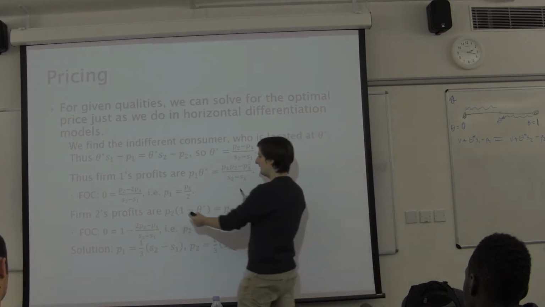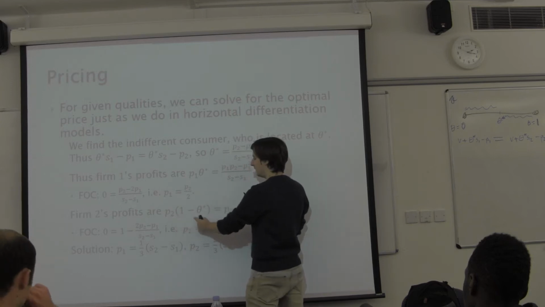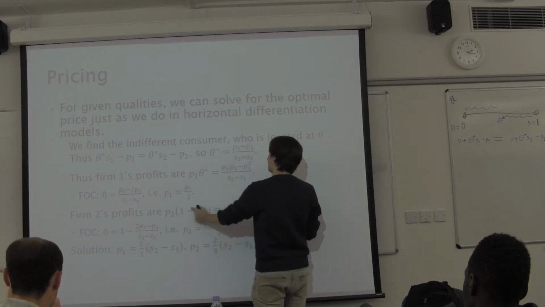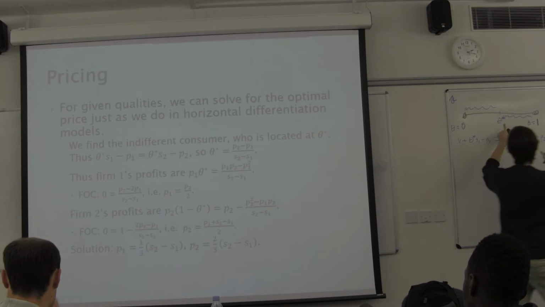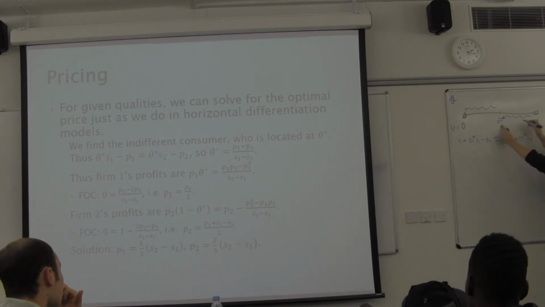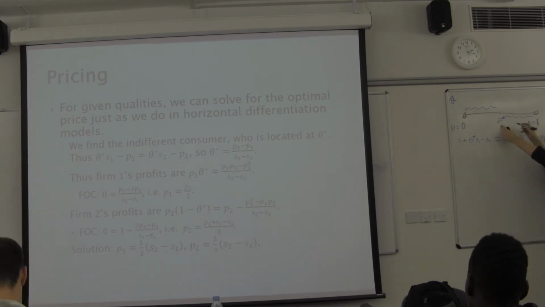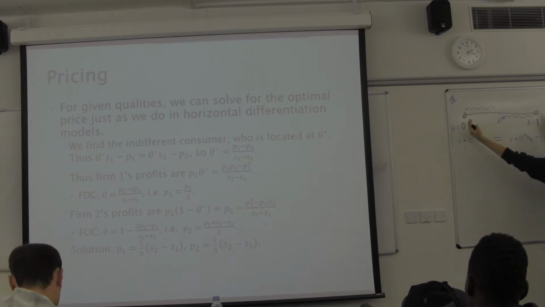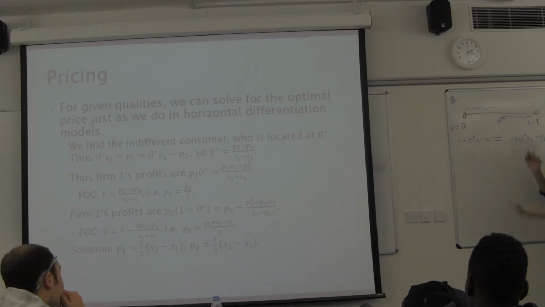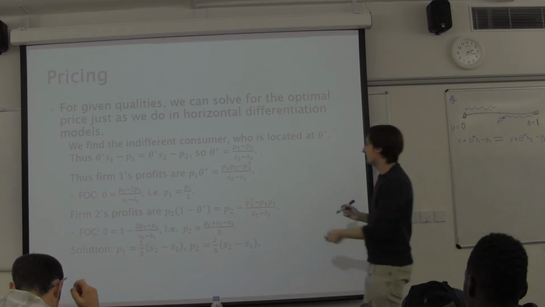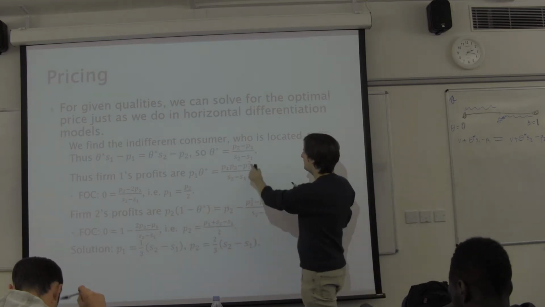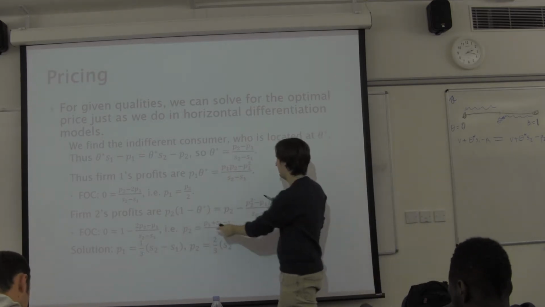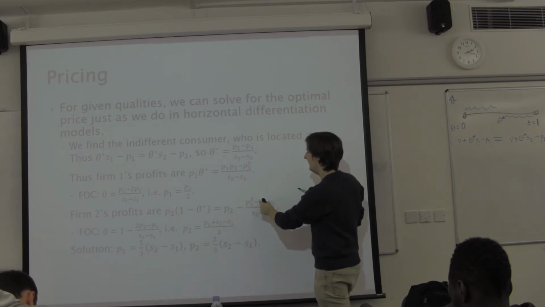And you do the same thing for the high quality firm. So the price set by the high quality firm is P2. The quantity they sell is 1 minus theta star. Remember, here's the indifferent consumer. All of these people to the right of the indifferent consumer are going to buy from the high quality firm. So that's 1 minus theta star. So again, you can just substitute our expression for theta star in here and multiply out.